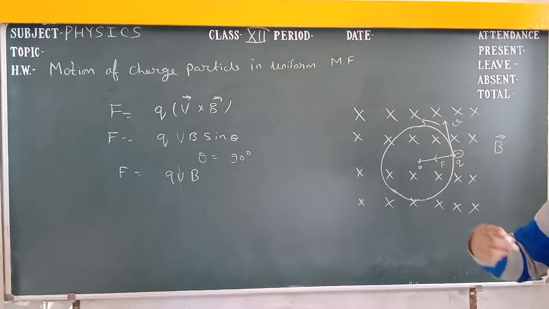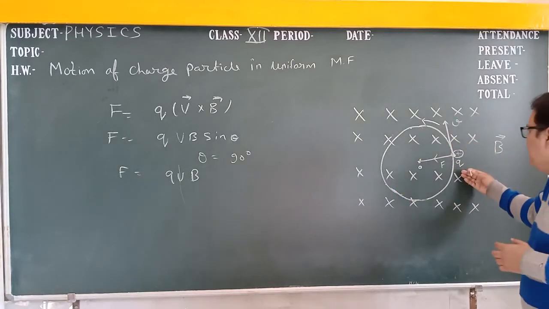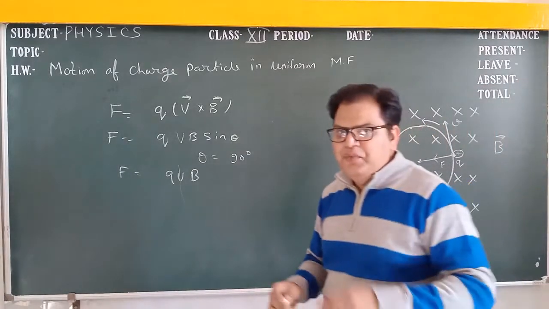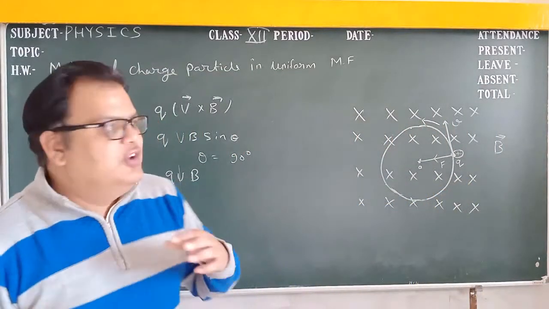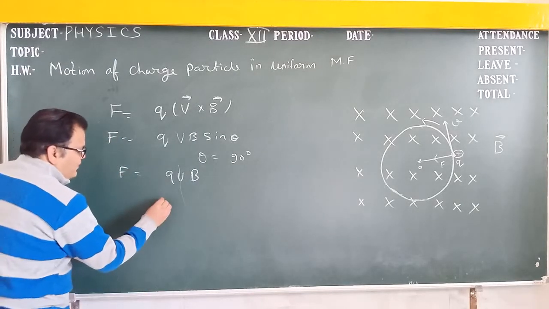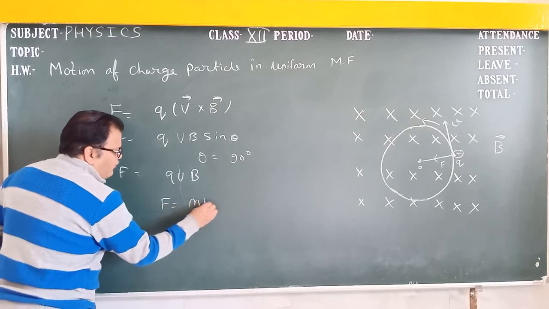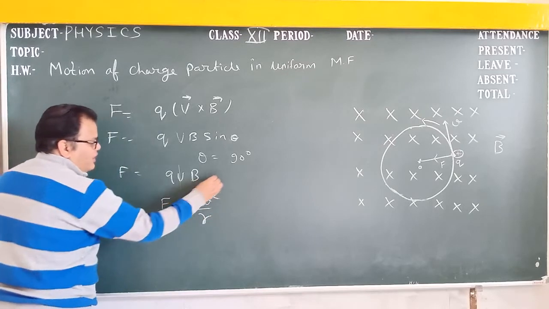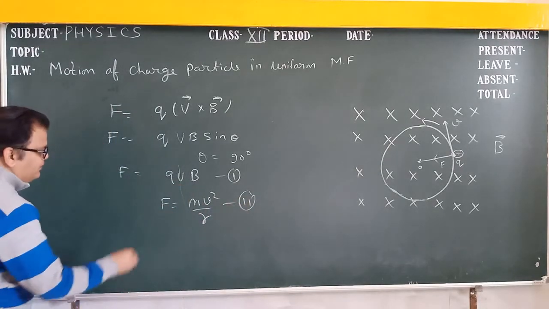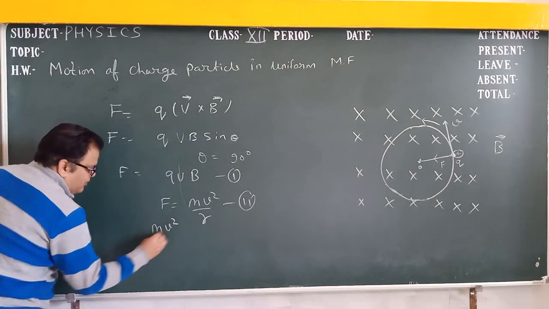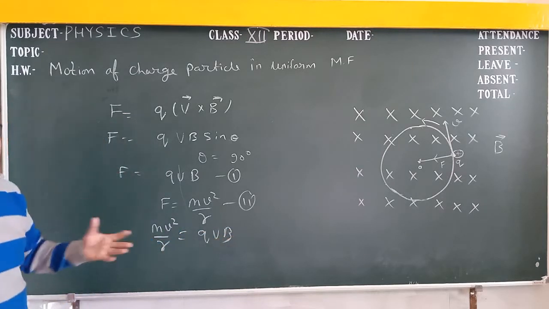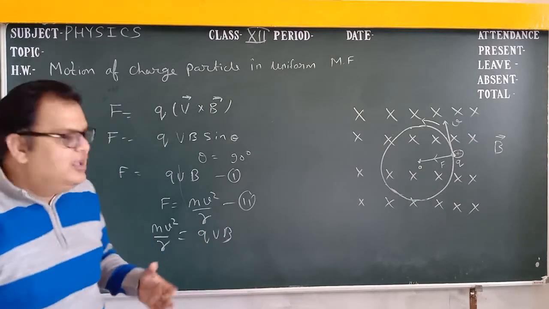Here F is the centripetal force which acts toward the center, so we can equate it: F equal to m v square by R. This is equation number 1 and this is equation number 2. If we equate both, m v square by R equal to QVB, then we can easily find the radius of the circular path.